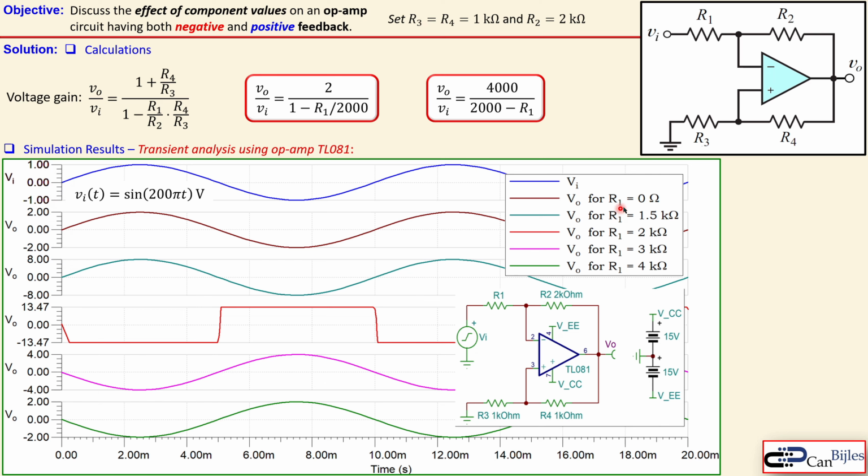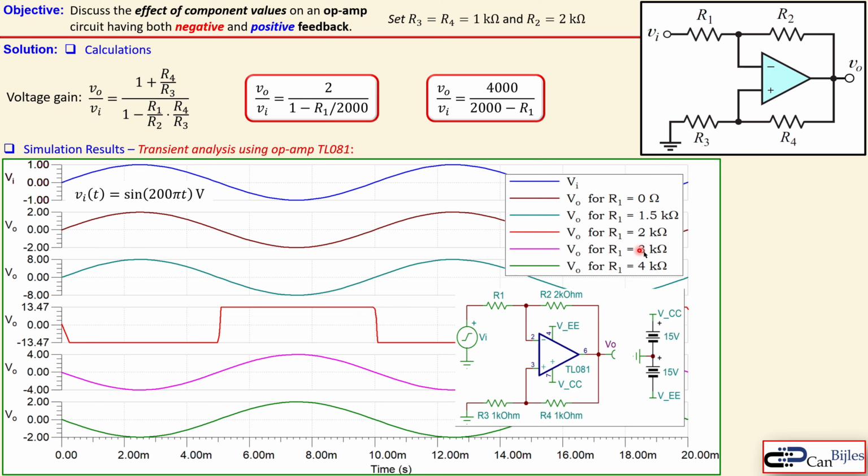Now if the R1 is 0, you see here again it is in phase, so we get a non-inverting gain, which is then a gain of 2. If the R1 is 1.5 kilo ohm, you see a gain of 8, which is again non-inverting, so plus 8. But if you make the R1 is 2 kilo ohm, you get actually here the railing, which is the saturating level. So this is a non-linear action for this circuit where the R1 is 2 kilo ohm.